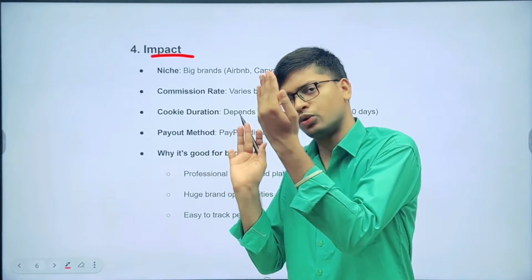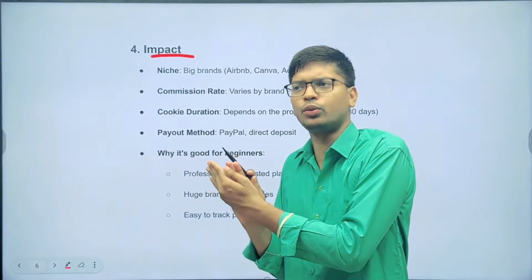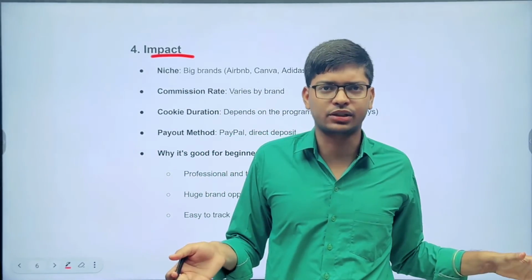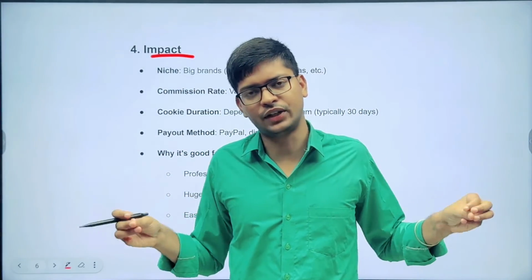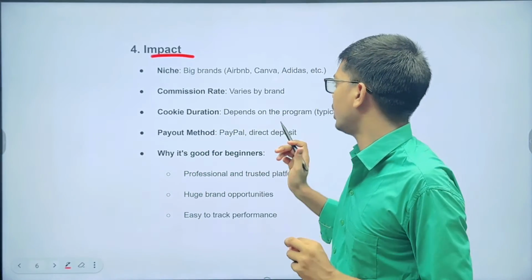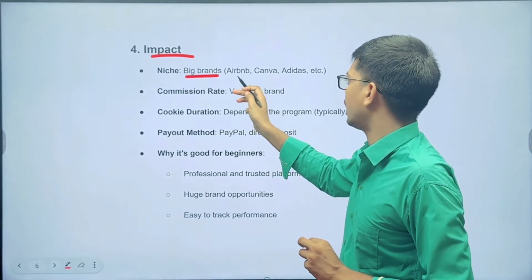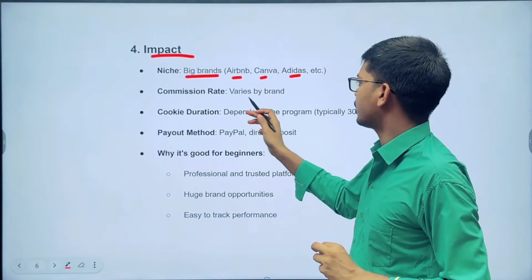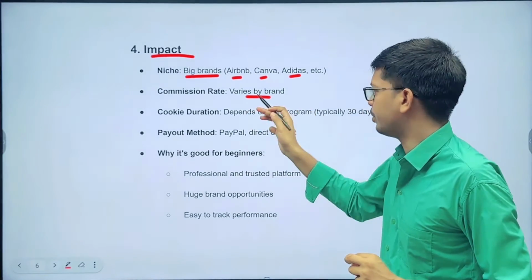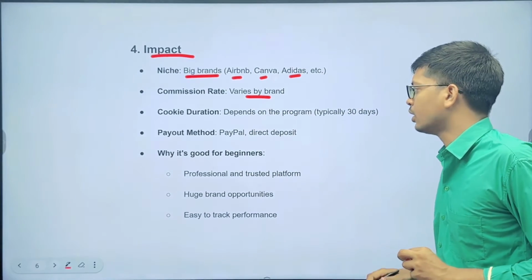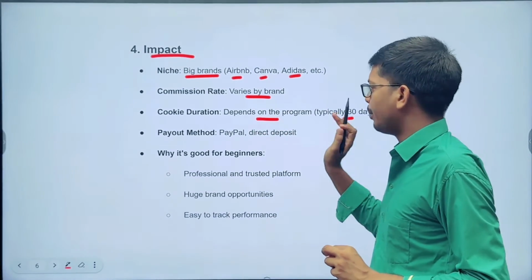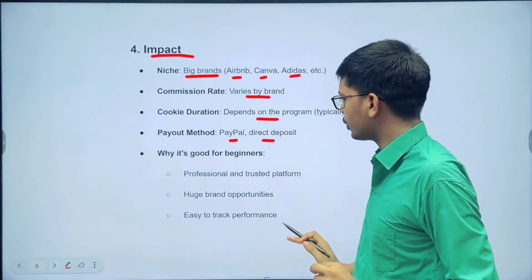When you join this platform, you will easily get more websites and more companies as affiliates. These are big brands like Airbnb, Canva, Adidas. Commission rate varies with demand. Cookie duration depends on the program, typically 30%.